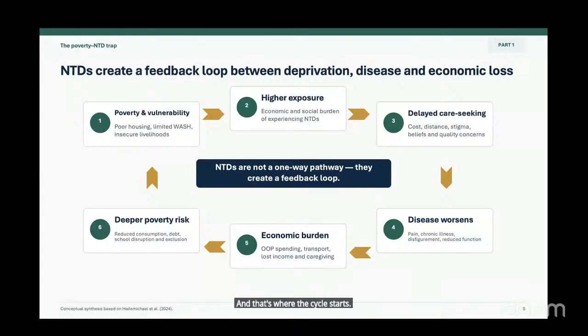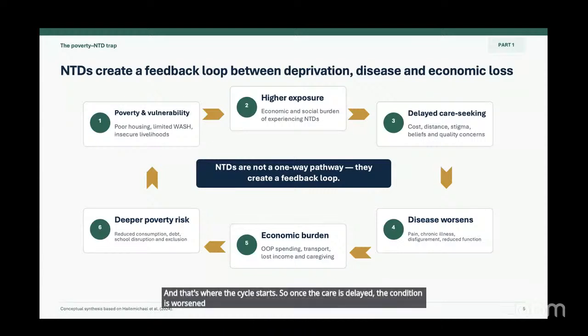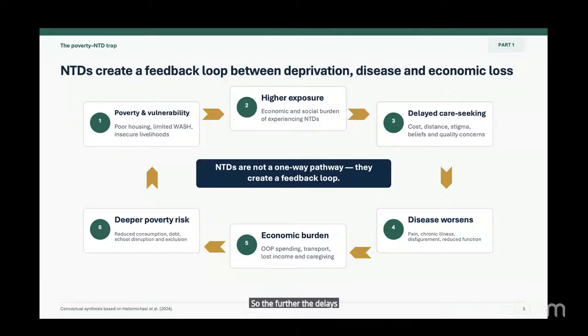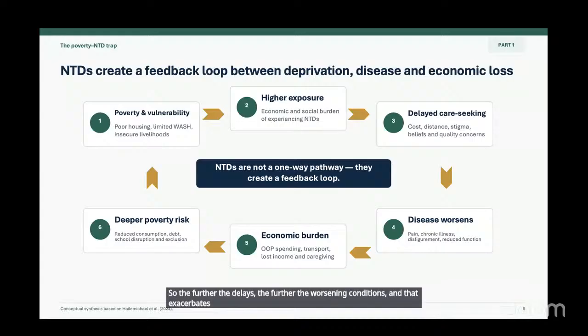So once the care is delayed, the condition is worsened. So eventually we see that the individual probably cannot walk properly anymore. And in terms of NTDs, we know time is of the essence. Time is critical. So the further the delays, the further the worsening conditions, and that exacerbates the economic burden even more.